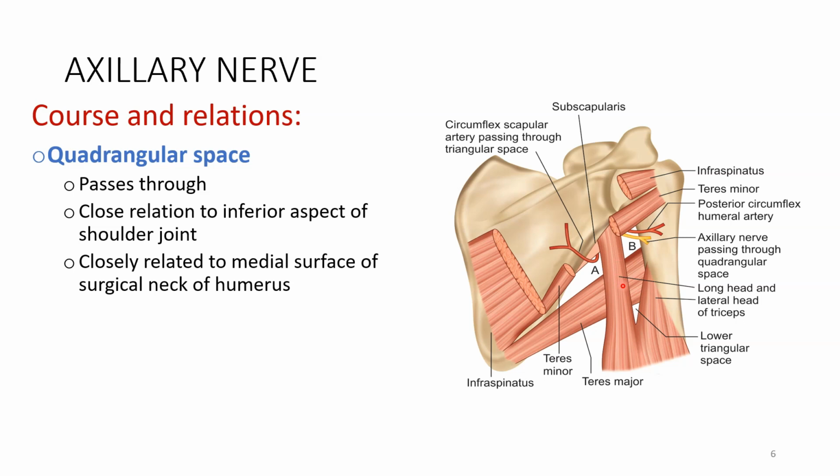muscle, which you are seeing in this picture, and below by the teres major, and above you are seeing the teres minor muscle. So it is passing through the quadrangular space.